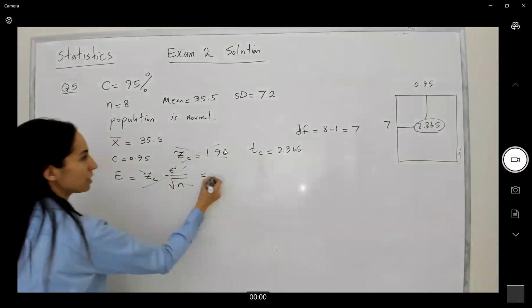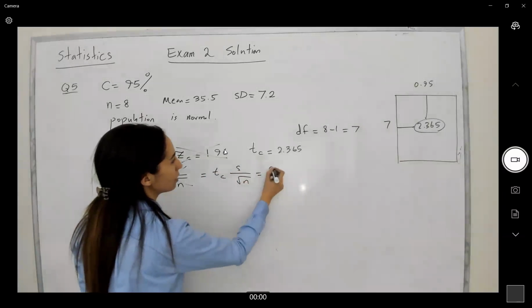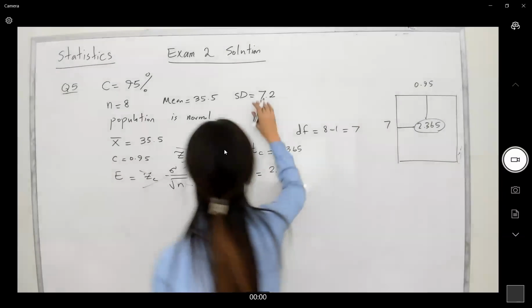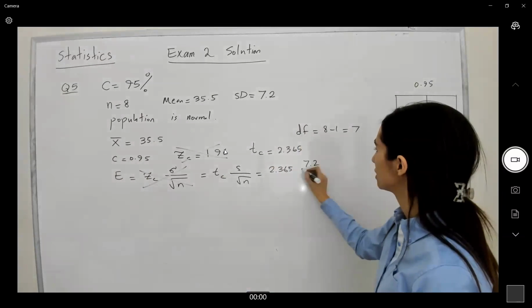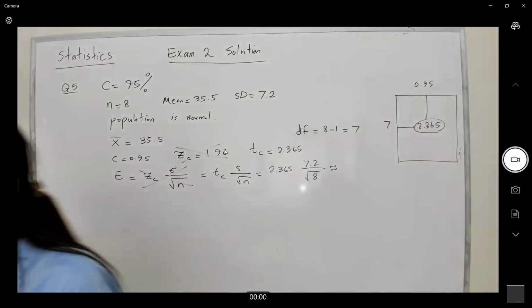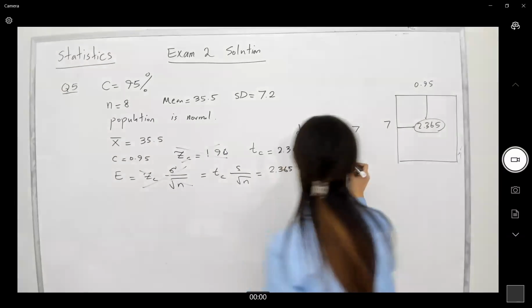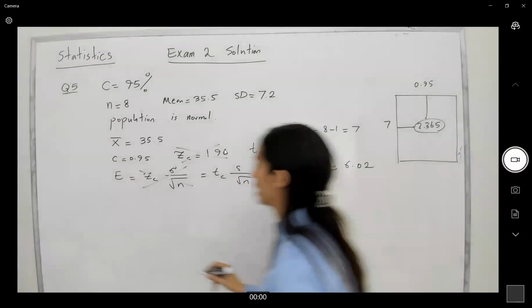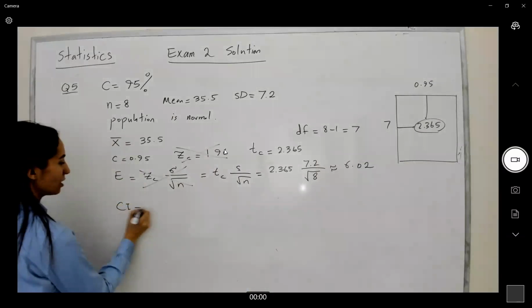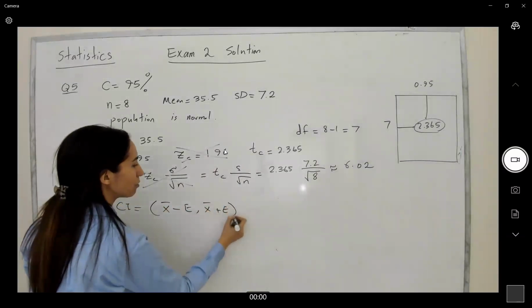So your E is TC times S divided by square root of n: 2.365, and S is given as 7.2, divided by square root of 8, which is approximately equal to 6.02.